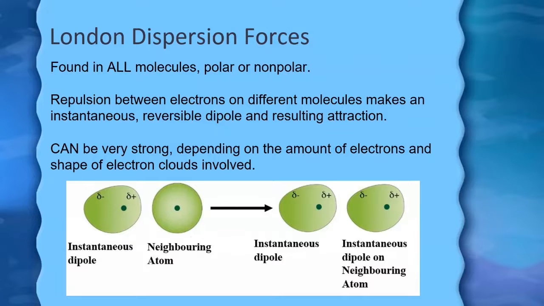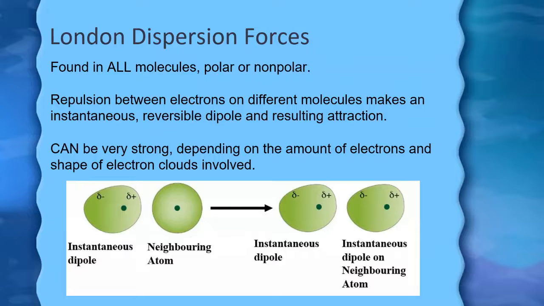A molecule gets close to another molecule, and their electron clouds push on each other, and they make what's called an instantaneous dipole because their electron clouds repel and push on each other, and that makes it lopsided. It's like pushing down on a pillow. When you push down on a pillow, the other side of the pillow pushes up, and that makes that instantaneously lopsided, but it doesn't stay lopsided.